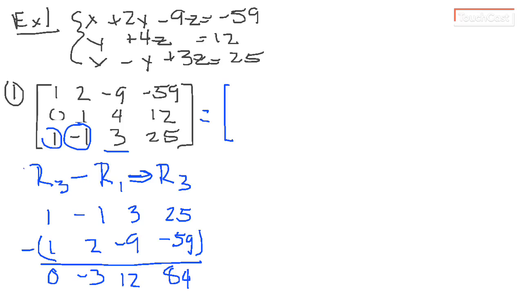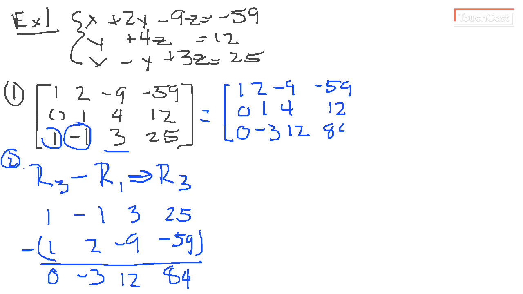I'm going to leave the first 2 rows as they were: 1, 2, -9, -59, 0, 1, 4, and 12. But now I'm going to replace that third row with what we just got: 0, -3, 12, and 84.